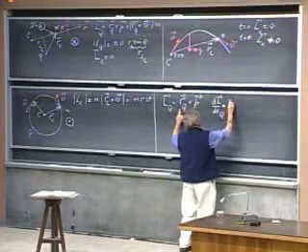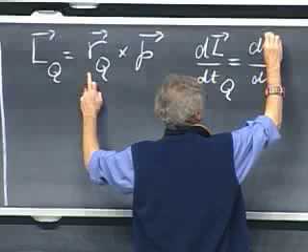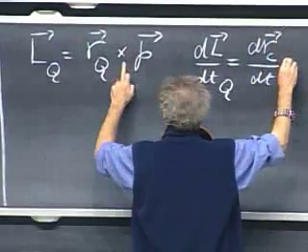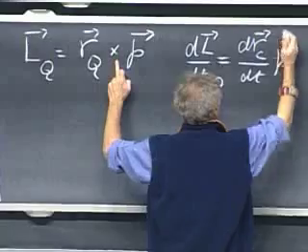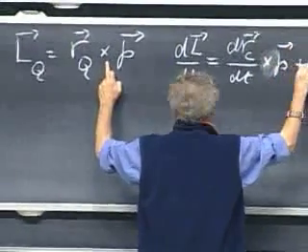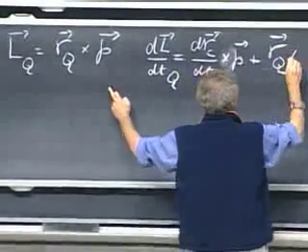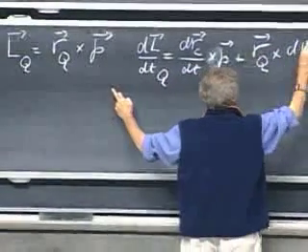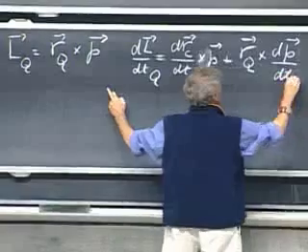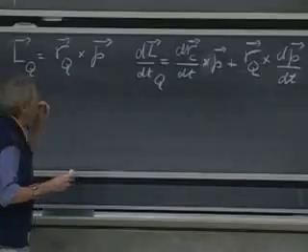That is going to be dr/dt, excuse me, cross p, plus r of Q cross dp/dt. This is the way that you take the time derivative of a cross product.